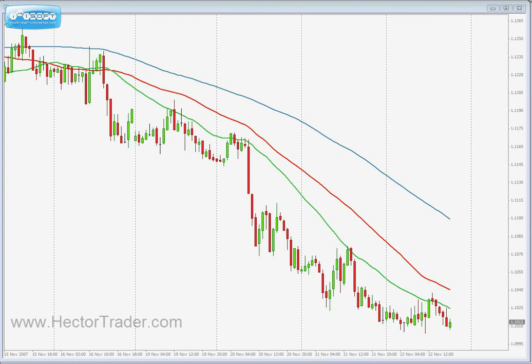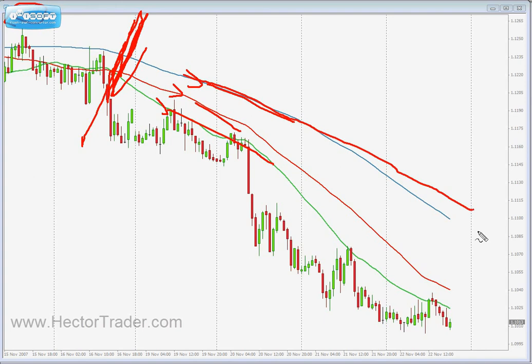First of all, the chart you've been seeing throughout this video is the USD against the CHF in the 1 hour time frame. At this moment in the chart, the moving averages fall in place. As you can see, the 30 is below the 50 and the 50 is below the 100. Moreover, price is nowhere near the 100.